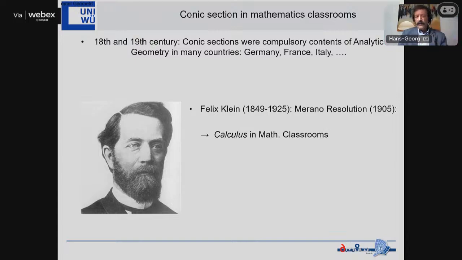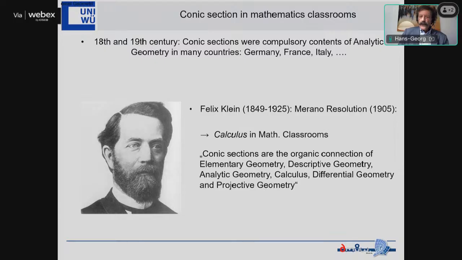I'm not quite sure how it's in other countries, but in 1905, he wrote that conic sections are the organic connection of elementary geometry, descriptive geometry, analytic geometry, calculus, differential geometry, and projective geometry. So conic sections do the connections between these different fields of mathematics.